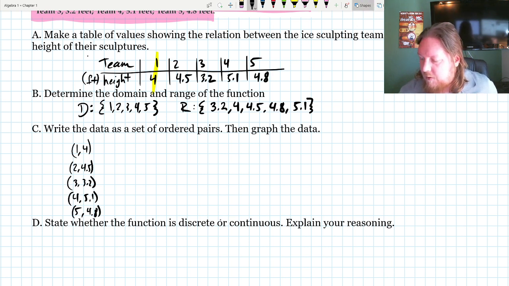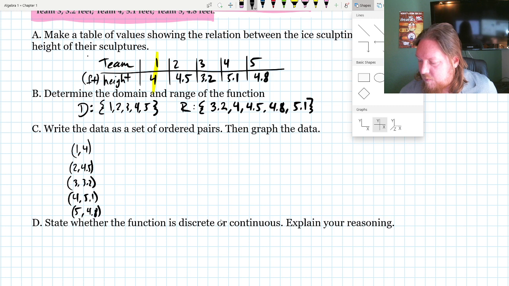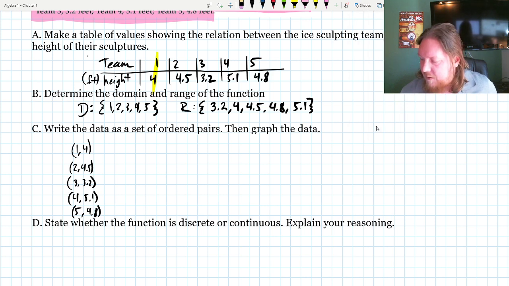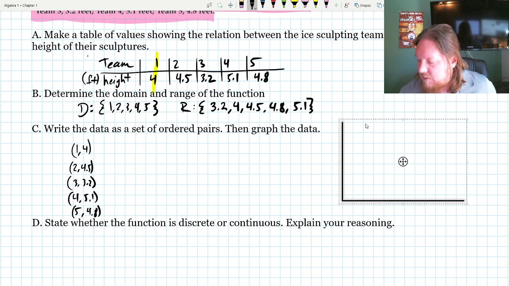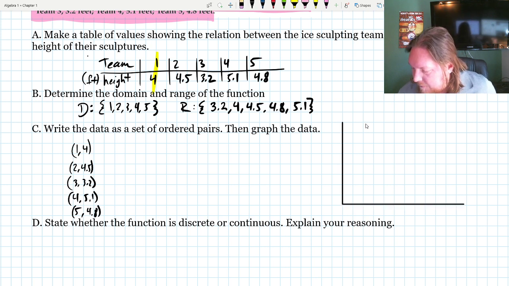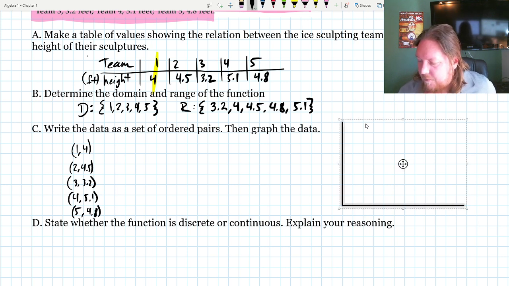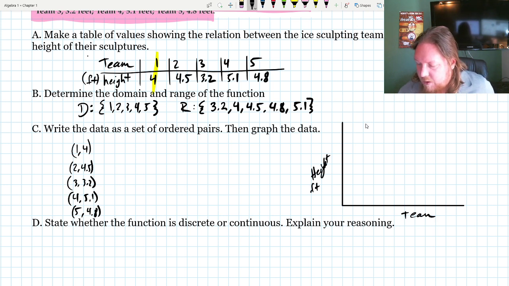And now I need to graph the data. So let me grab my little axes here, and you know what? Since I know all the numbers are positive, I'm actually going to just grab the positive version of the x and y axis here. There we go. So here we have team, and here we have height in feet. So team 1 was 4 feet.